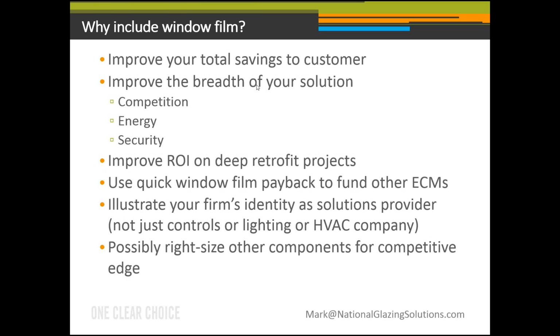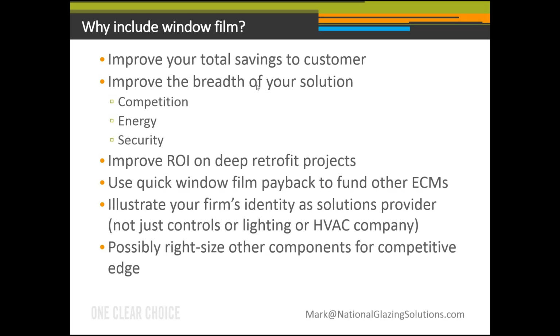The main reason to include any ECM is to provide value to your customer. In addition, from a competitive standpoint, you can make your proposal stand out due to higher energy savings and possibly even a security benefit. The security benefit, as we'll see later, can be particularly attractive to the schools you work with that are awarding contracts.